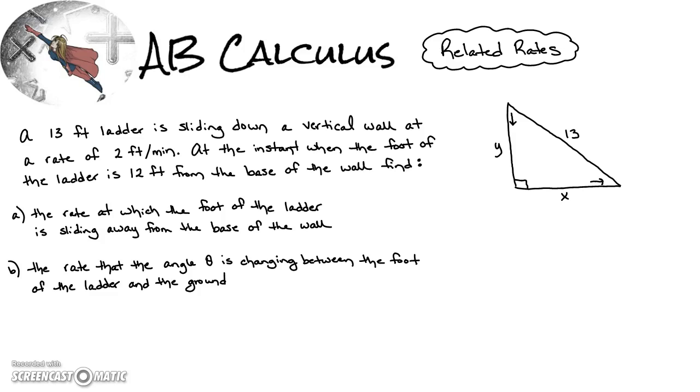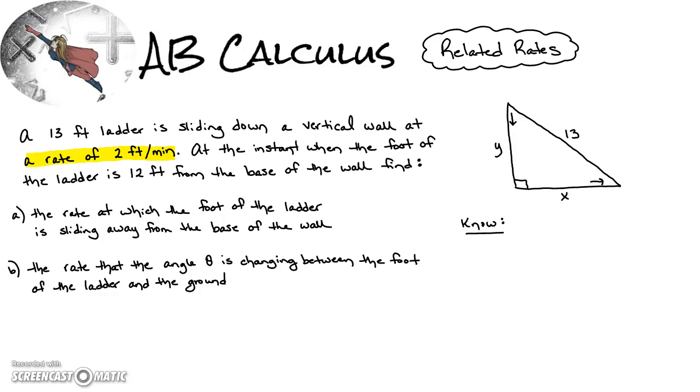So now that I've got a diagram, I usually make a list of the different numbers that they've told me. So we can just say what we know, and we can scan through the paragraph to see any numbers that they've given. Besides the 13, it says it's sliding down a vertical wall at a rate of 2 feet per minute.